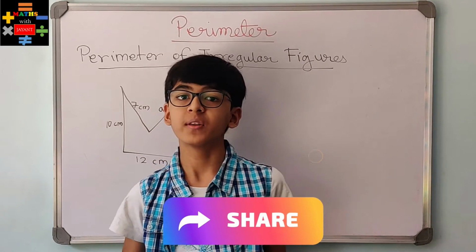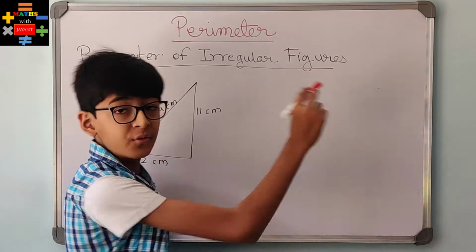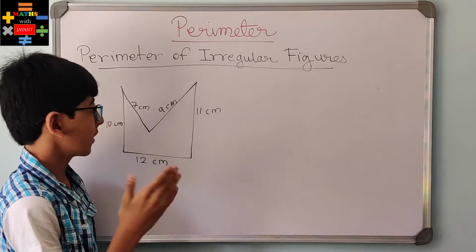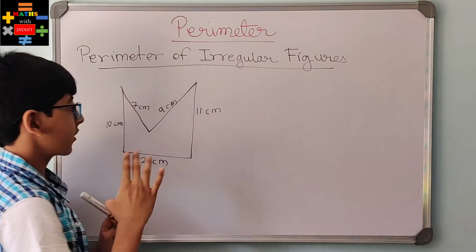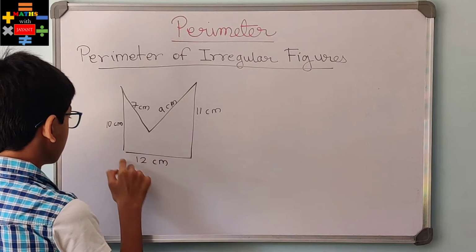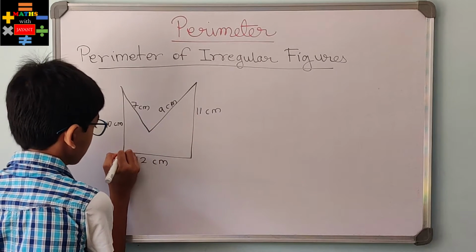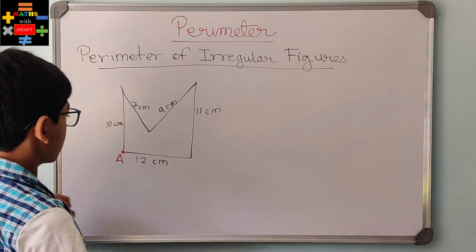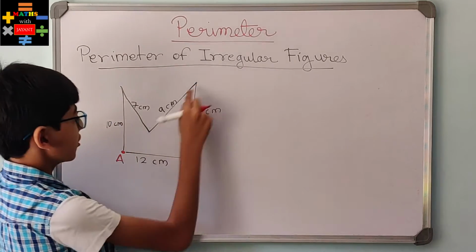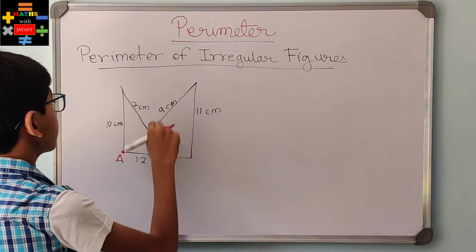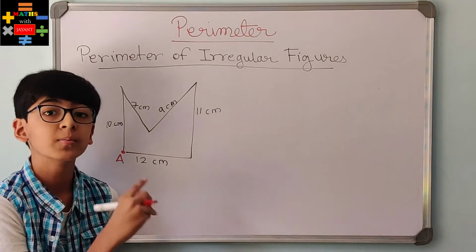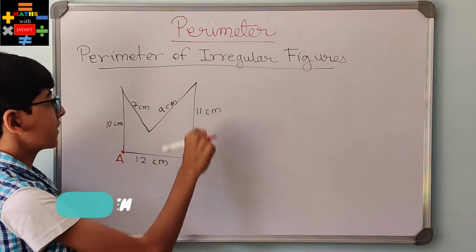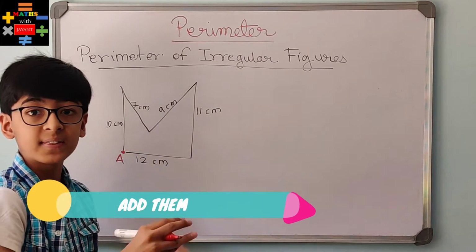Now let us move on to the perimeter of irregular figures. So now we will see the perimeter of irregular figures like this. Let us take a point over here. We start at a point on the boundary. Let us take point A. We will go in this direction, and then we will come back to point A. On all the ways we are going to add the lengths, because once we add them we will get the perimeter.